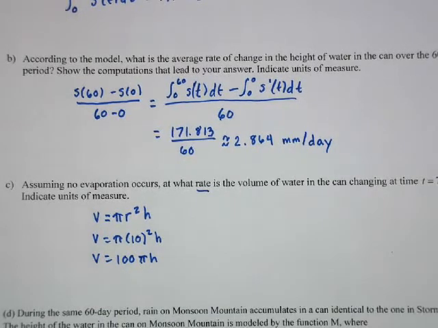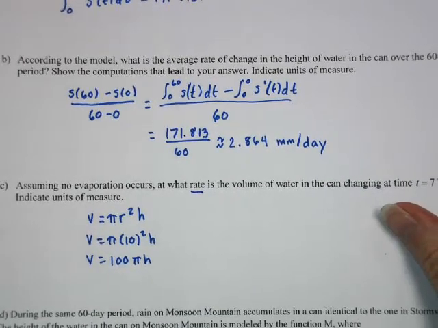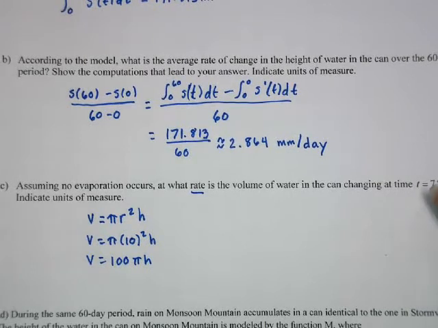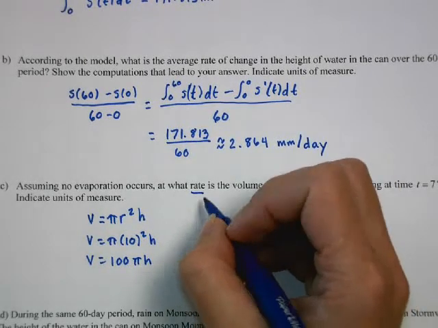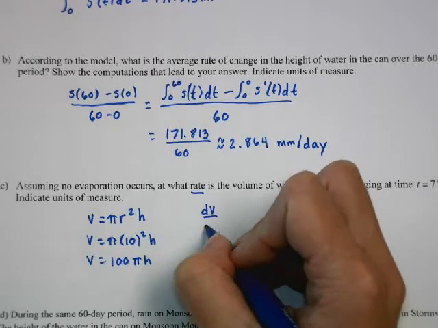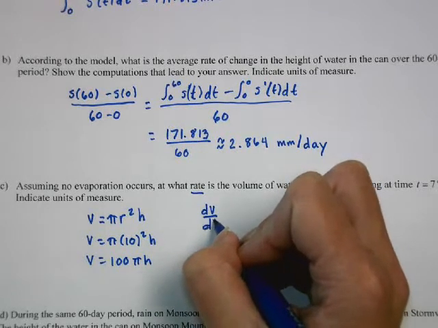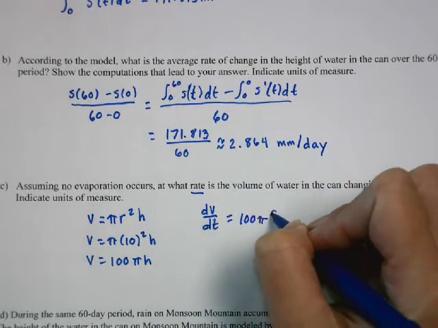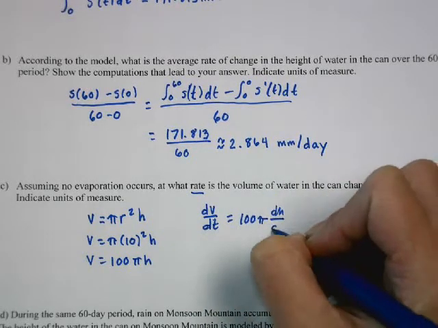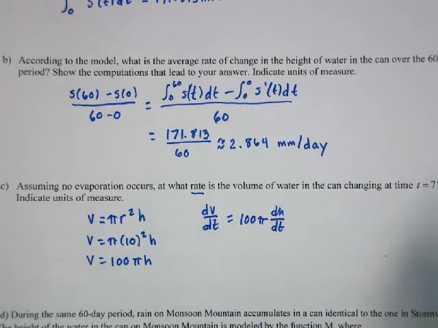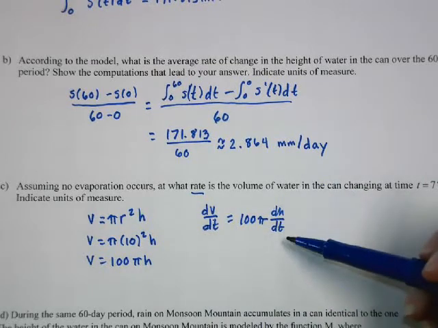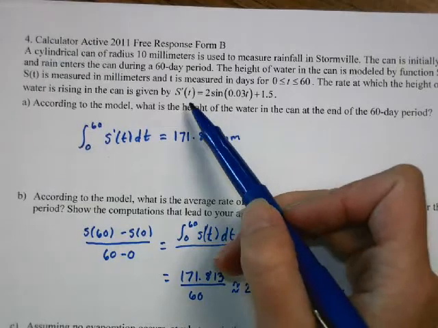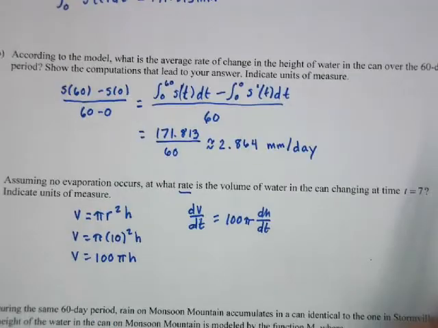Okay, rate is kind of a clue that we're looking for a related rate problem. So dV/dt is going to equal 100 pi dh/dt. Well, dh/dt, the change in height, is the derivative of s. That's the same thing.